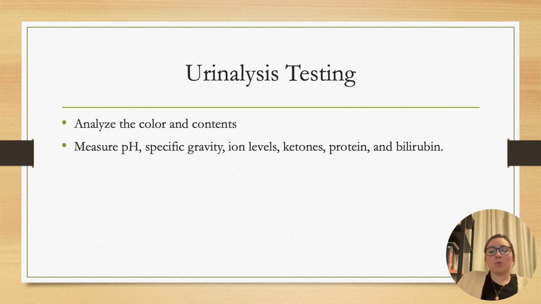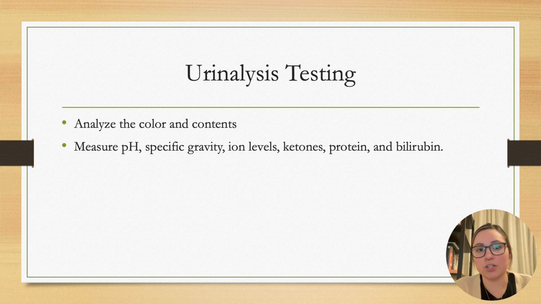Protein is normally found only in trace amounts of urine. Proteins are a larger molecule, and the glomerulus of the kidneys can typically filter these out so they do not pass into the urine. However, if there is renal disease or kidney damage, this may allow larger particles like these protein particles to be passed through. It increases permeability of these particles in the glomerulus, which can cause a leakage of protein in the urine.